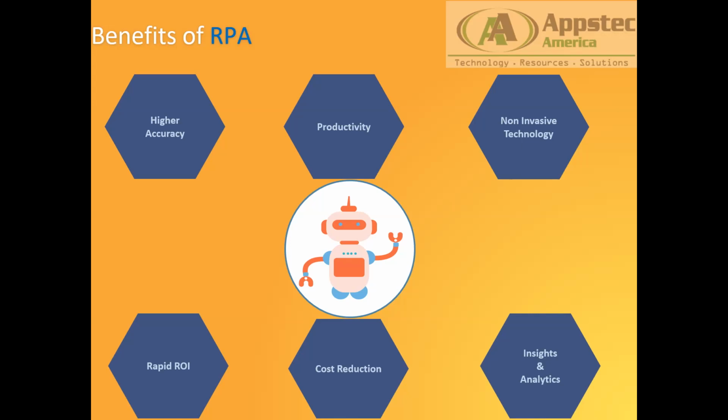Let's say higher accuracy. Now what does this mean? Let's say I am dealing with a process of accounts. My team is working on a process where there is a lot of accounts related calculation. Now, the more a human does it, there is a chance that there could be a mistake. When I talk about accounts, it involves dollars.